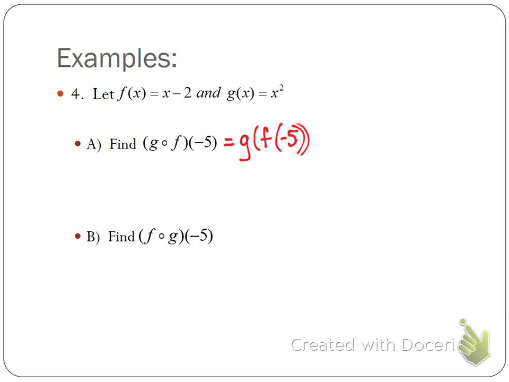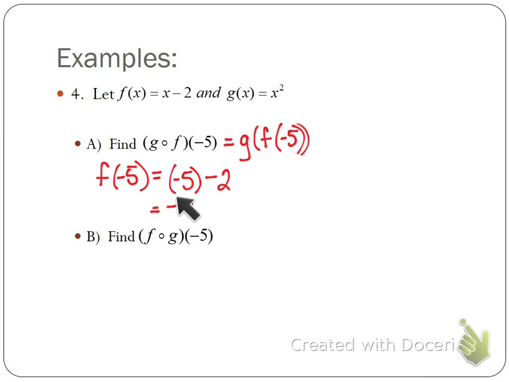So we start with the inside and then we work our way out. So we are going to start with f and work our way out to g. So if I'm just evaluating f of negative 5, I'm going to rewrite the f function, which is x minus 2, but instead of an x, what am I going to put there? Negative 5 minus 2 is negative 7.